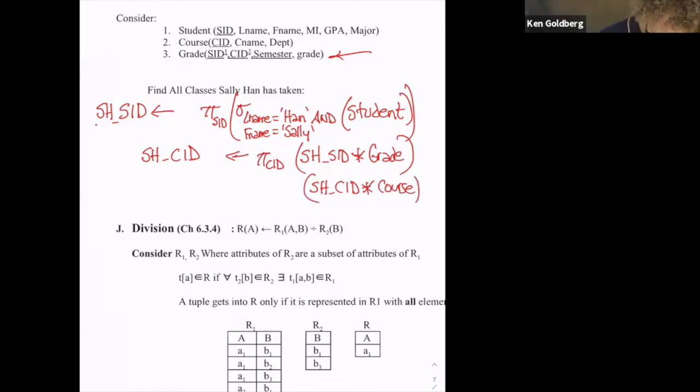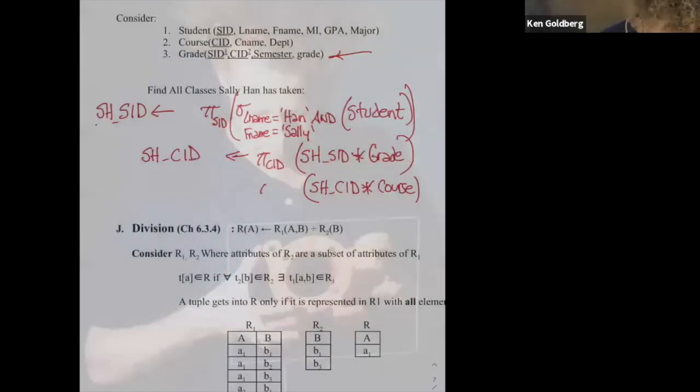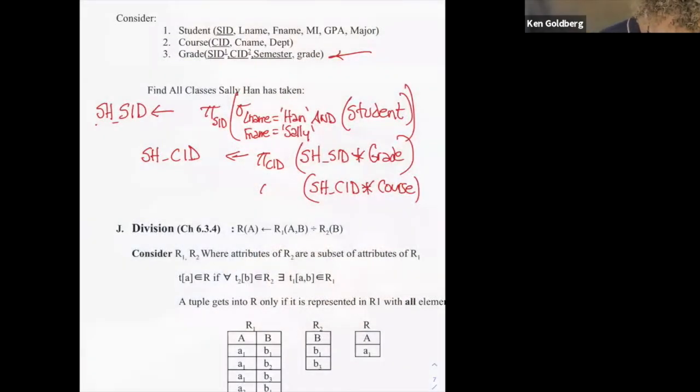And I'm going to project out the course name. And that I'm just going to put an R because that's the result. That's what I want. That's the final relation that is going to list all the course names of all the classes that Sally has taken.